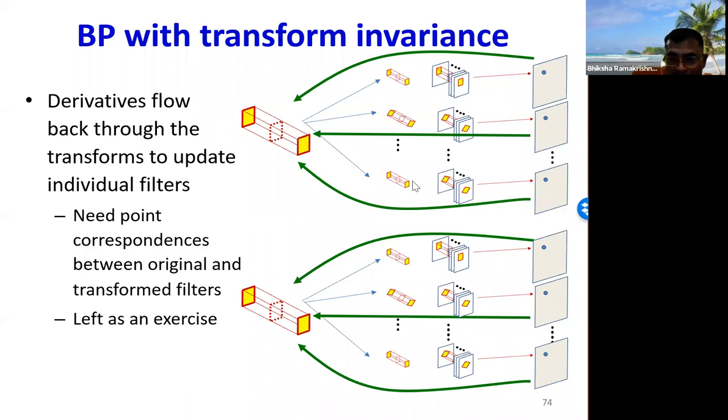So we must backpropagate the derivatives through the transform to update the basic filter. You want to update not the transformed filter, but the basic filter, which means, of course, that you need some kind of point-to-point correspondence between the original filter and its transformed version, so that you know where to copy the derivatives into. I'll skip the details of this. I'll leave this as an exercise, but this is only meant to give you a general idea.